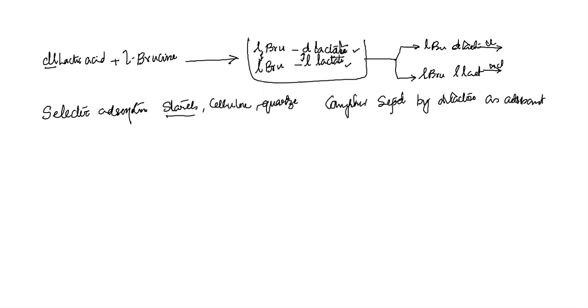What's the meaning? You take a burette or a column in which you add D-lactose, then take the racemic mixture of the camphor, load on the column, and do a column chromatography. The two components will be separated.